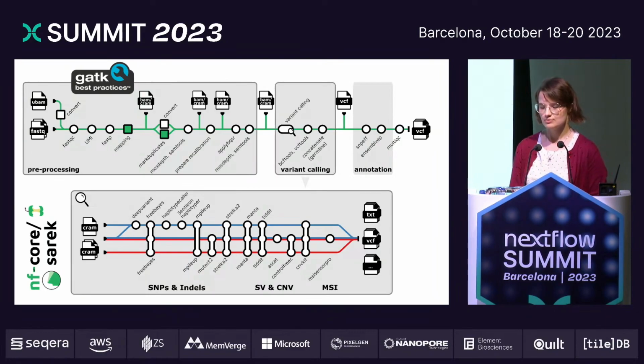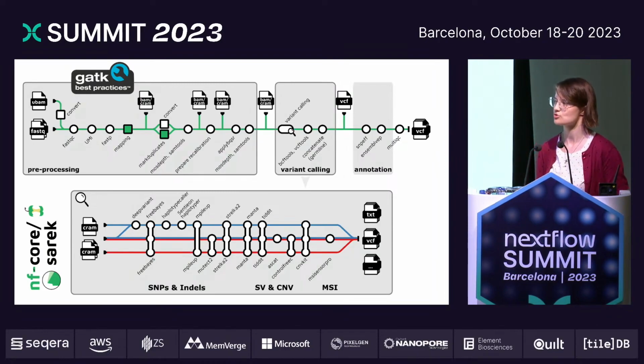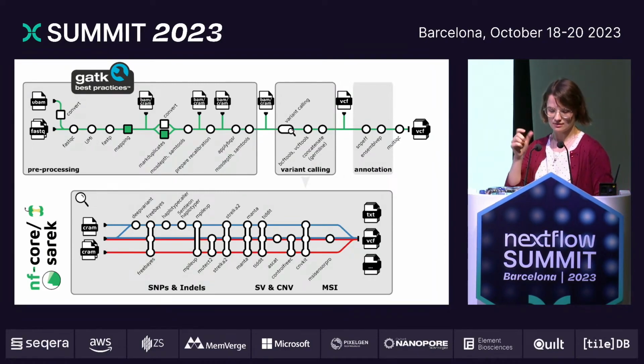And then the next big block is the variant calling. Here we have three tracks. The blue one that you see is for the normal samples. The red one has tools for tumor-only analysis, and then the blue and red track for paired calling.